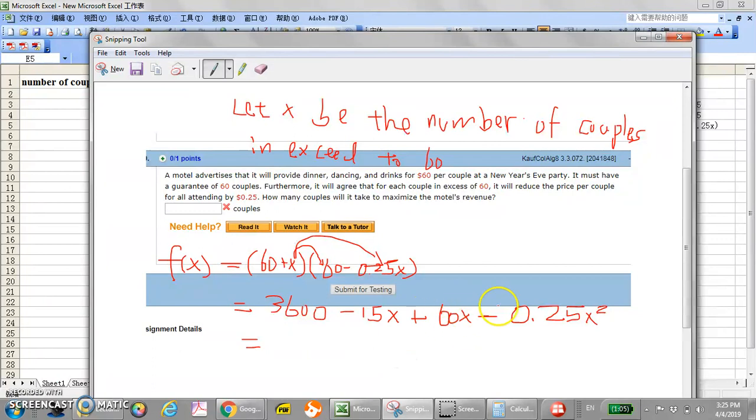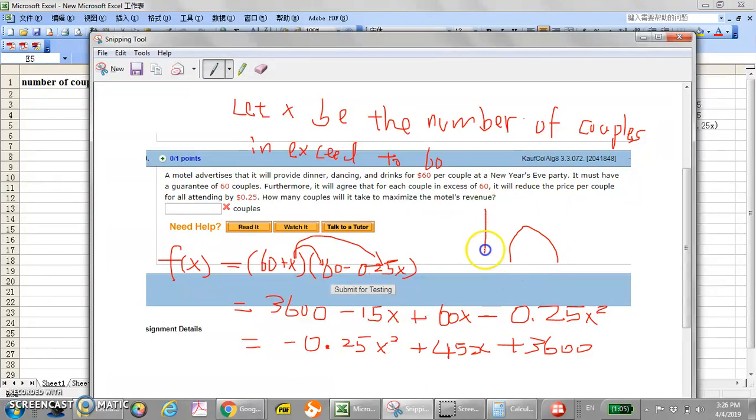And if we combine these two middle terms, now we have a quadratic function, and in this quadratic function, a is less than 0, so the graph opens down.